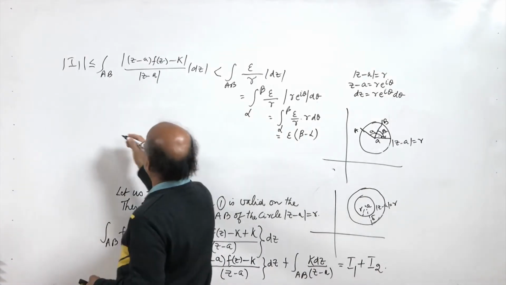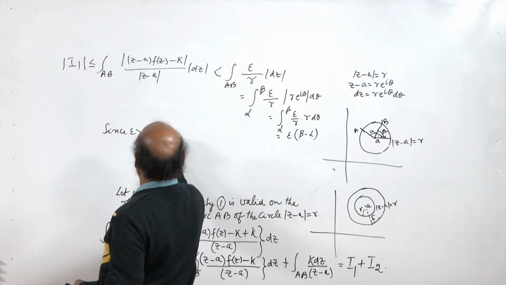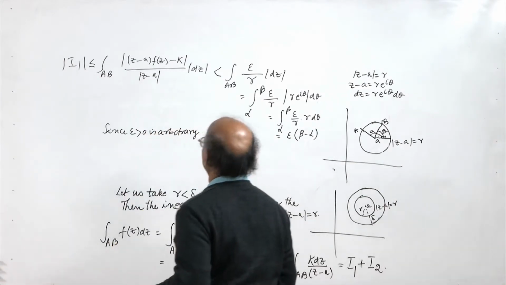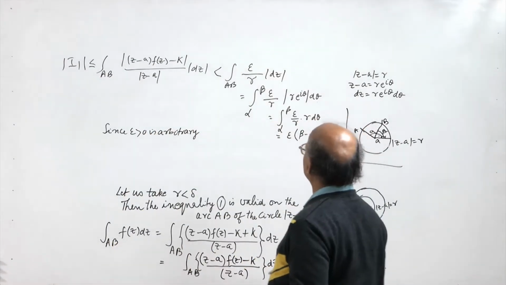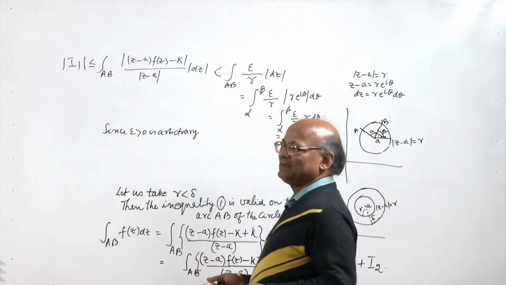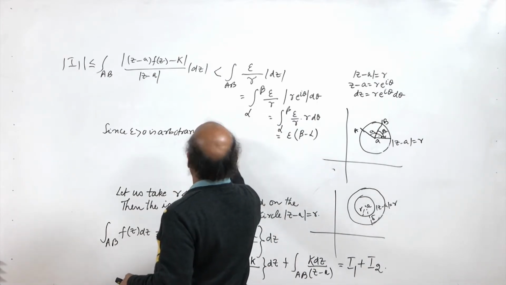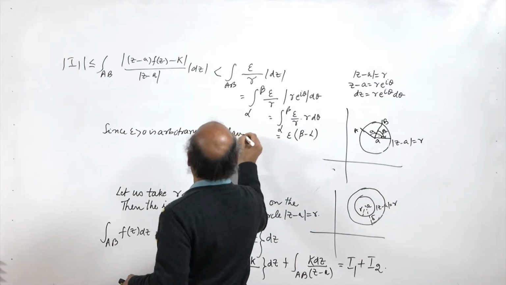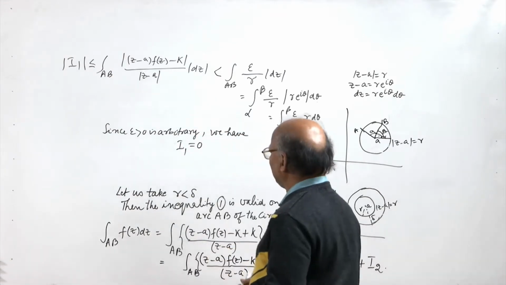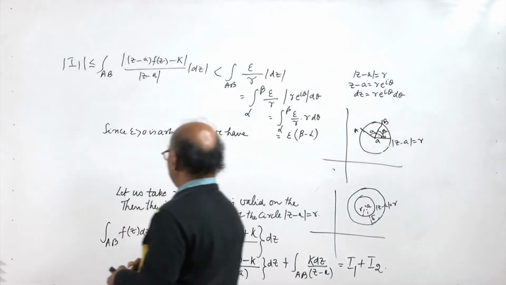Now, since epsilon greater than 0 is arbitrary, we can make it as small as we please, and therefore mod of I1 can be made as small as we please, and so we have I1 equal to 0. And thus the integral over AB of f(z) dz is equal to I2 when r goes to 0.